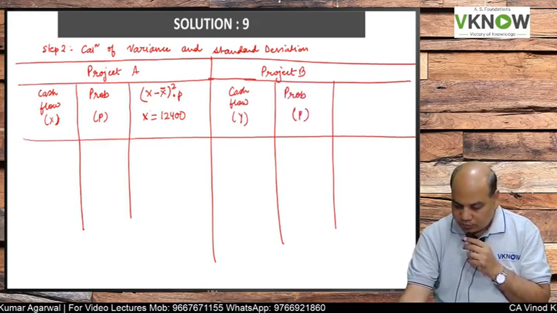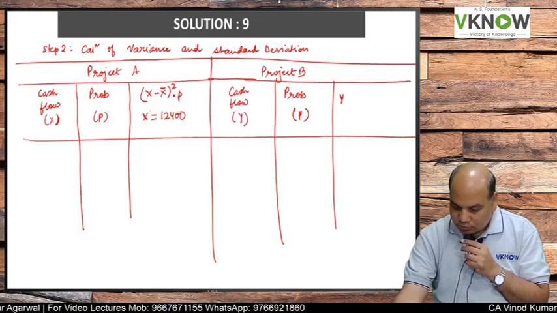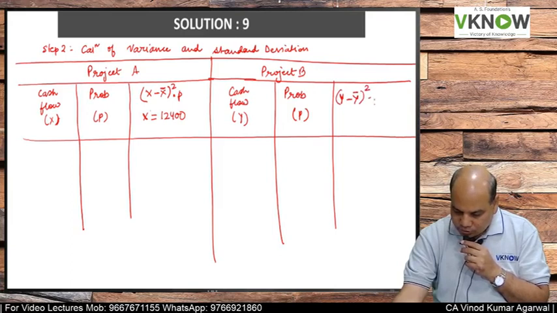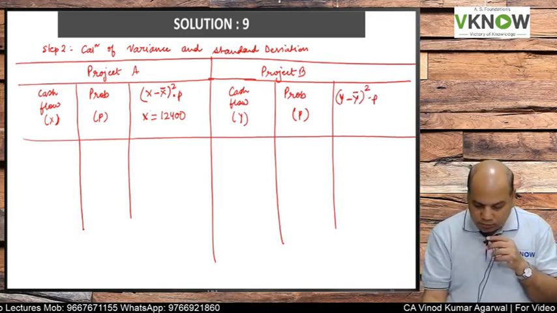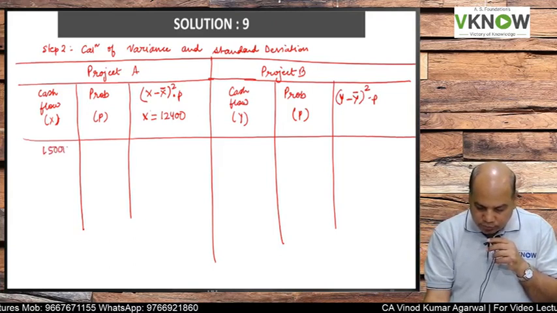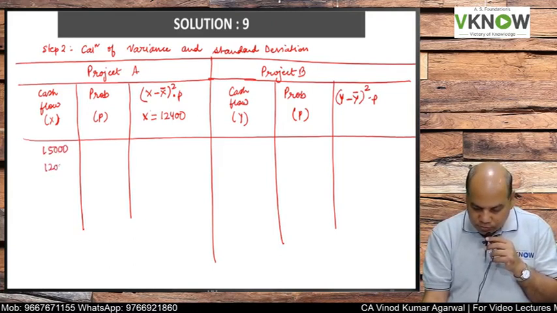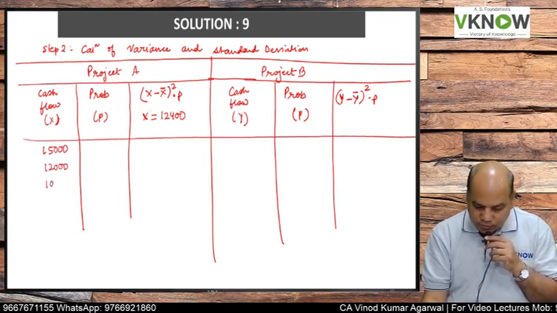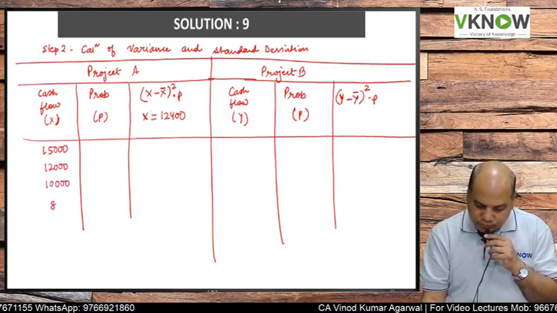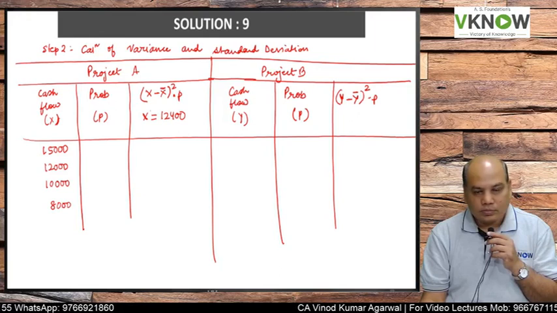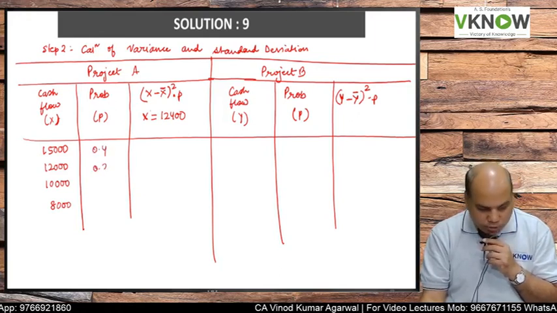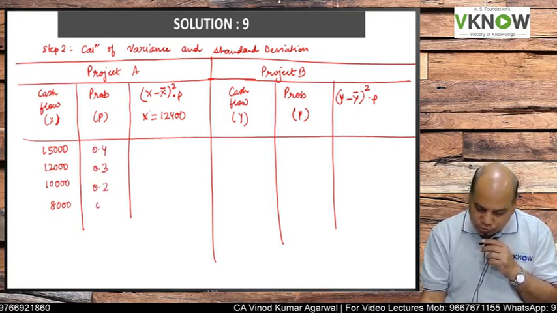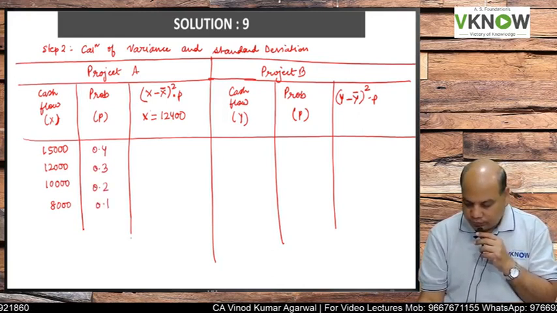Probability write P, and here you write down Y minus Y bar square into P. So again copy the 2 columns from the booklet. 15,000, 12,000, 10,000, 8,000. Correct? Probability 0.4, 0.3, 0.2, 0.1.